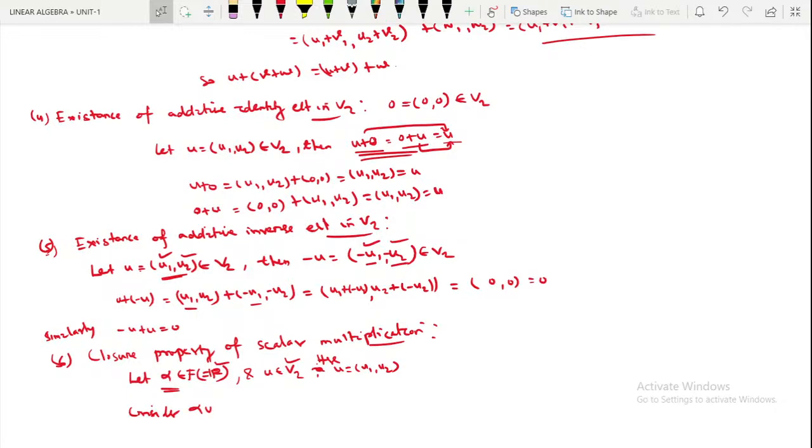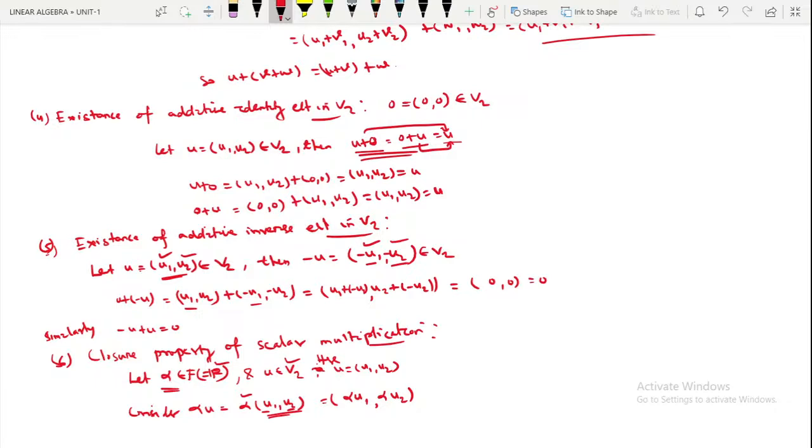So if I consider alpha times u, that is alpha times (u1, u2), when I multiply a scalar with a 2D ordered pair, that scalar is multiplied with each of its elements. That means this can be written as alpha times u1 and alpha times u2.